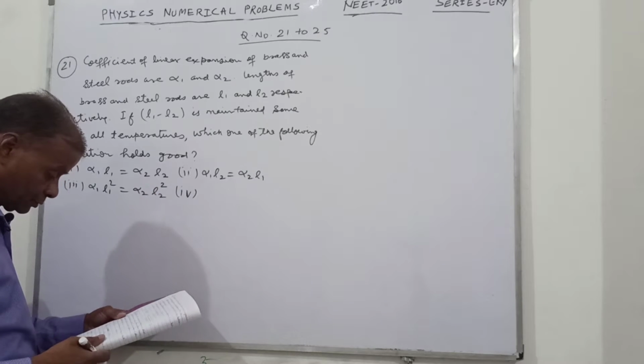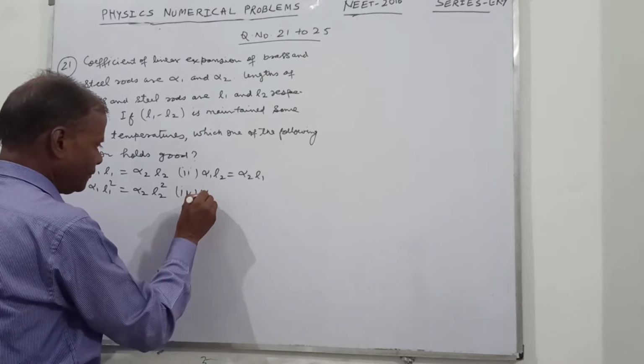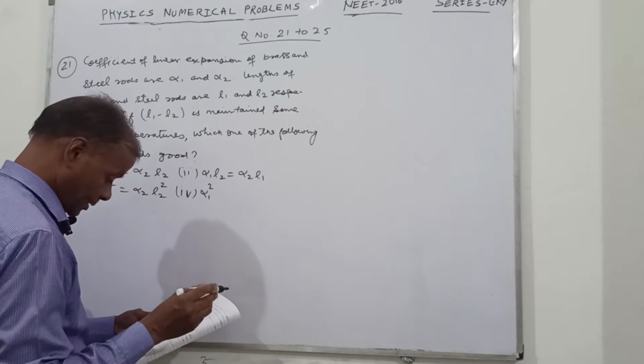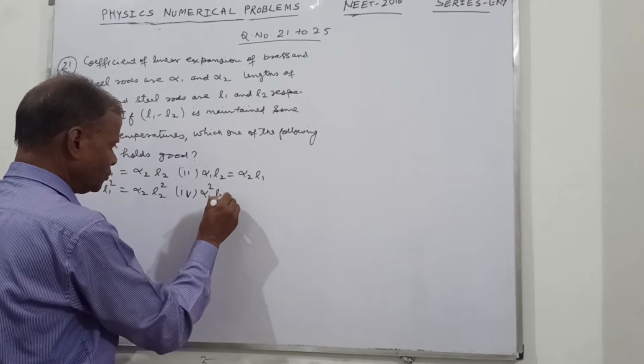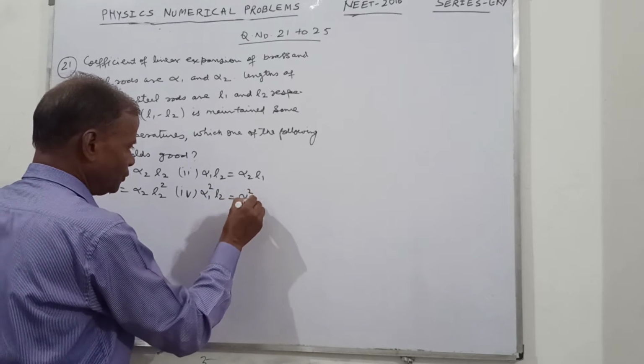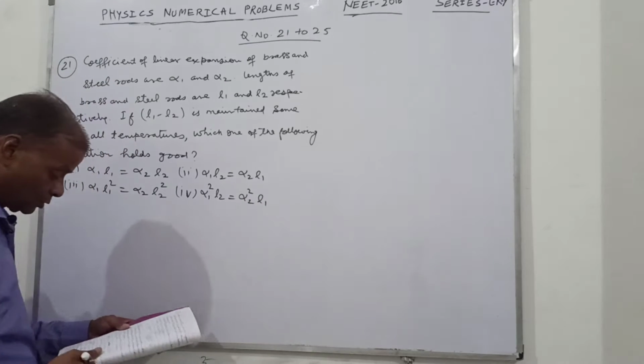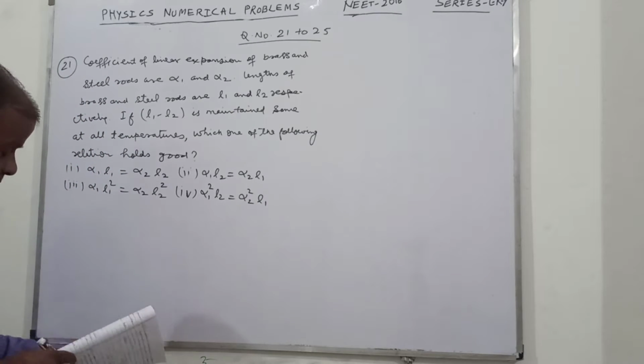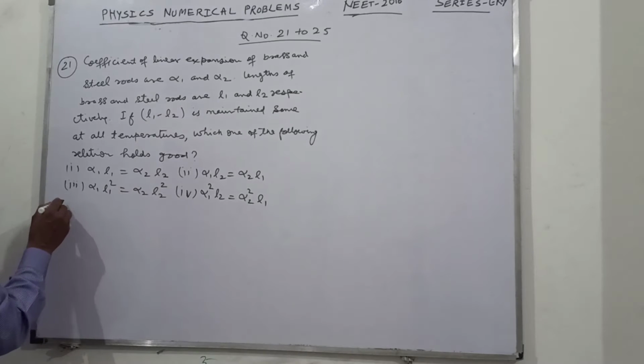And fourth, alpha 1 square L2 equal to alpha 2 square L1. These are the options. Now the solution.